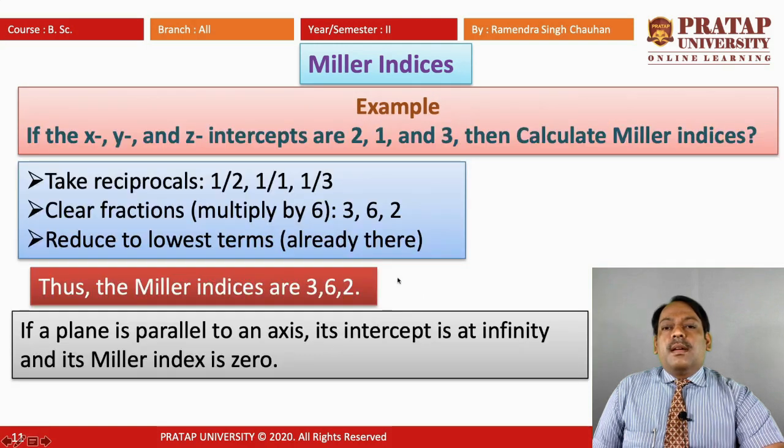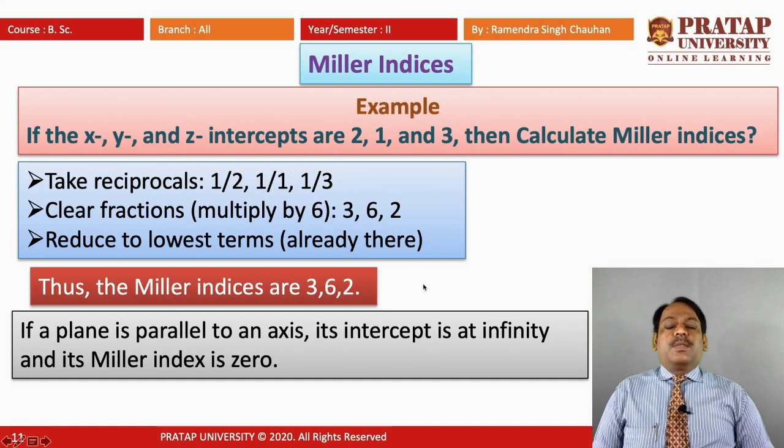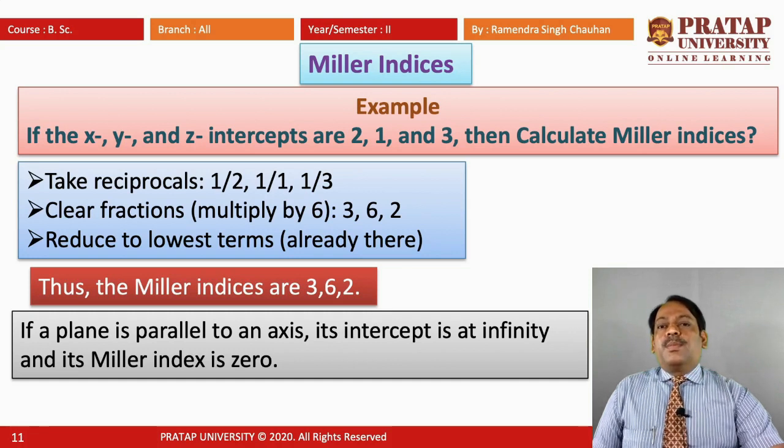Similarly, if the x, y and z intercepts are 2, 1 and 3, then calculate the Miller indices. If the intercept is 2, what are we taking? We are taking reciprocals. The reciprocal of 2 is 1 by 2, for the second, the reciprocal of 1 is 1 by 1, and for 3 the reciprocal of 3 is 1 by 3.